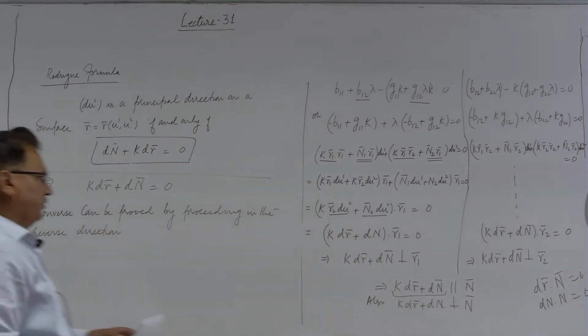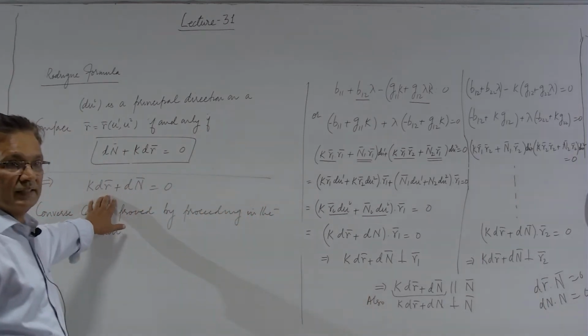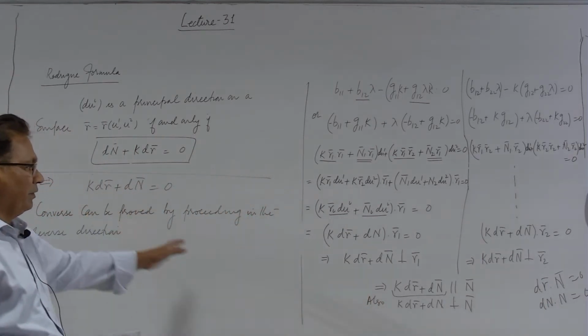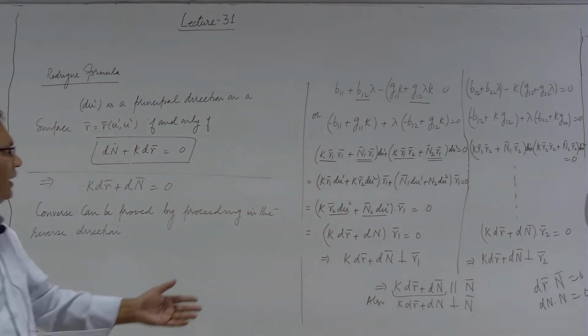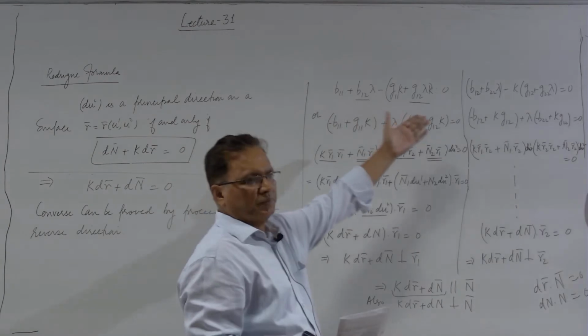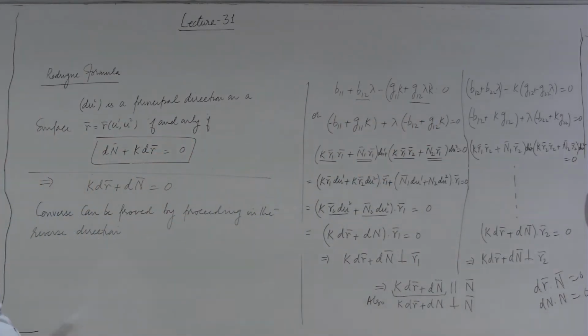So, you have to start from this box condition that this quantity is 0, and therefore, it will be perpendicular to everything: r1, r2 and n, and this will give you this expression, which is the principal curvature. Okay. And the direction subsequently will be principal direction. Now, there are some interesting consequences of this formula.